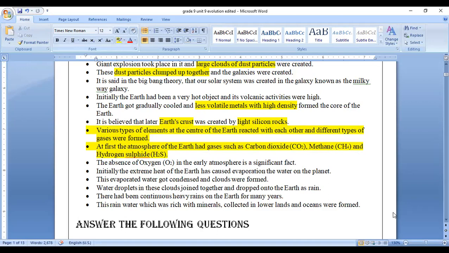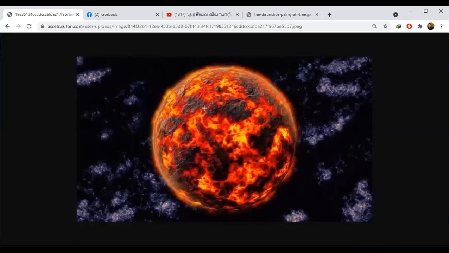Right? The point here is, if this is the early Earth, in this region, lots of chemical reactions were taking place. Where is the place of chemical reactions? The core area. After the reaction in this area, what was created? Gases such as hydrogen, oxygen, carbon were created.